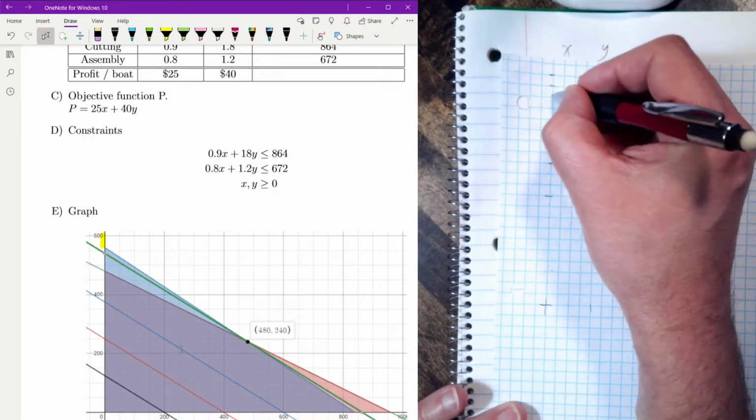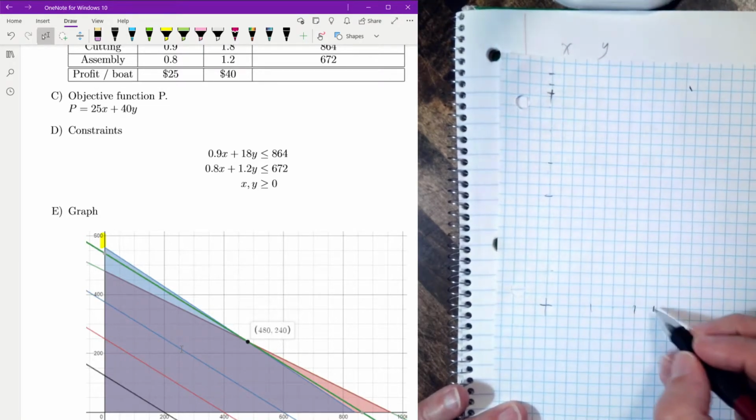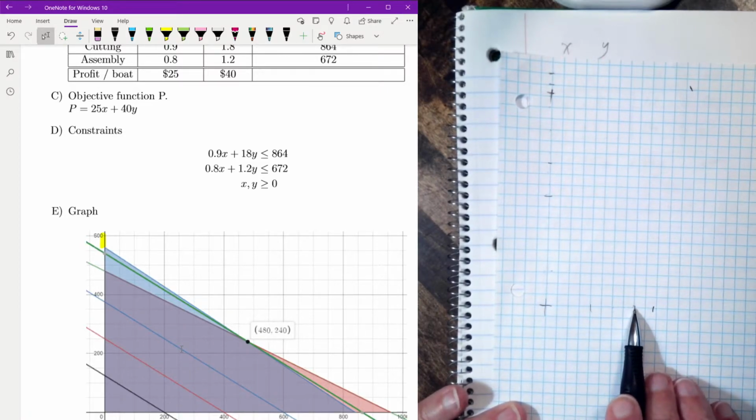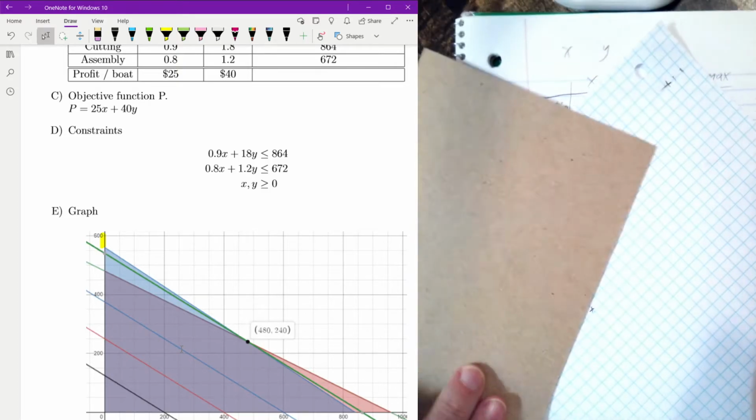So 960 is right about there. We'll connect the lines.